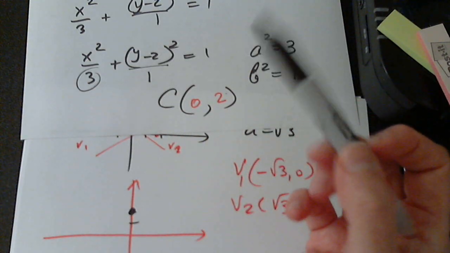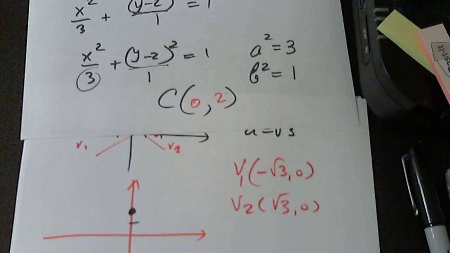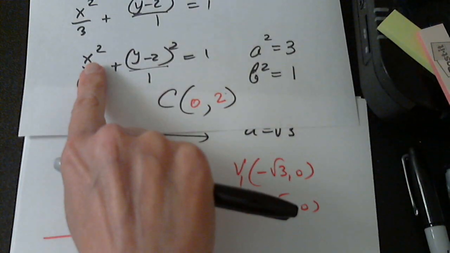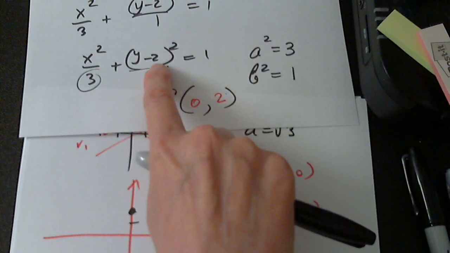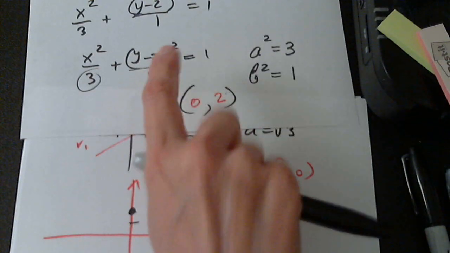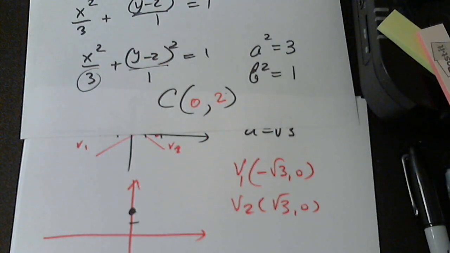Now, Professor, I have a question. Please. Sorry. It's extremely important to me when students ask. Where did you get the 2 from for the center? The 0, 2. Where's the 2? Oh, okay. Thank you. The same thing with the parabola.